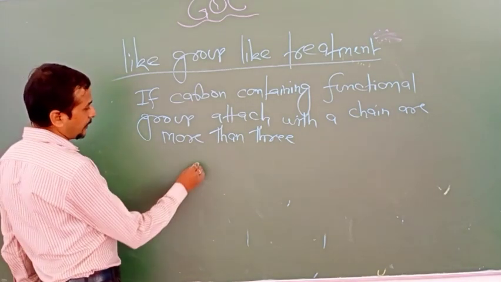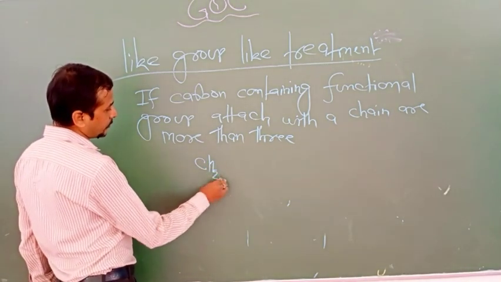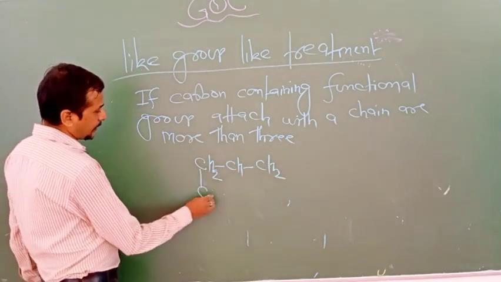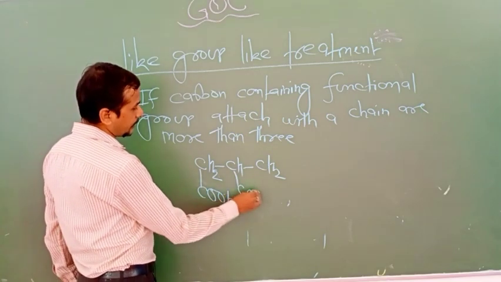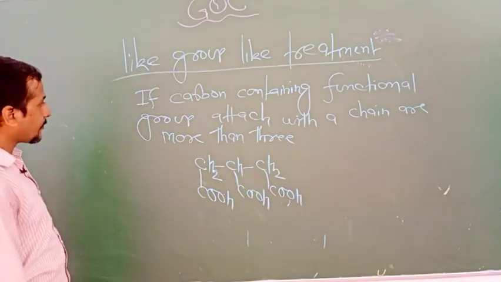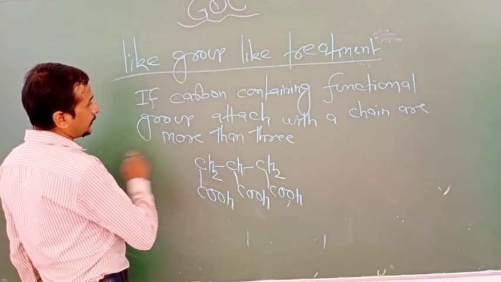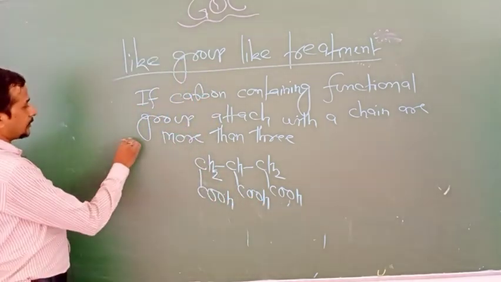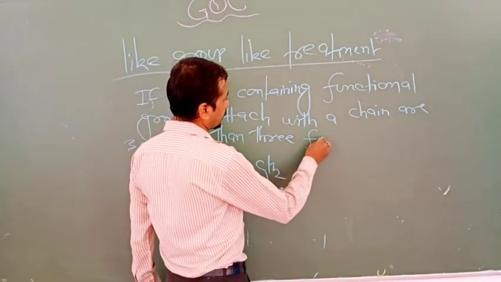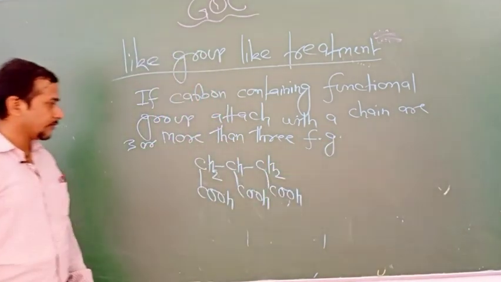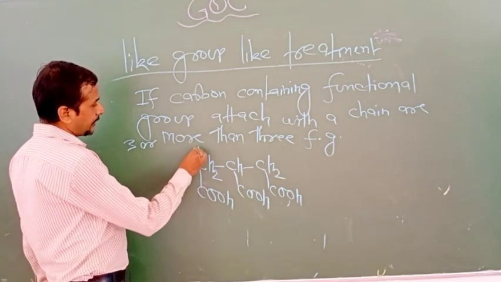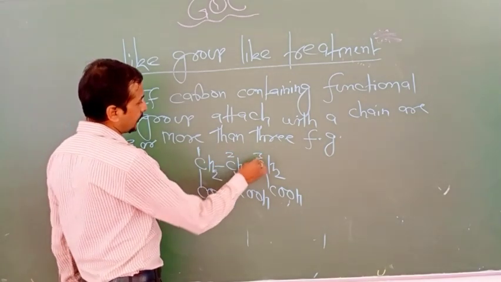So look at the example: CH2 single bond CH, single bond CH2. Now this group is attached with CHO, CHO and CHO. So here 3 or more than 3 functional groups are attached. So now look at here how to write the name. Numbering starts from here 1, 2, 3.